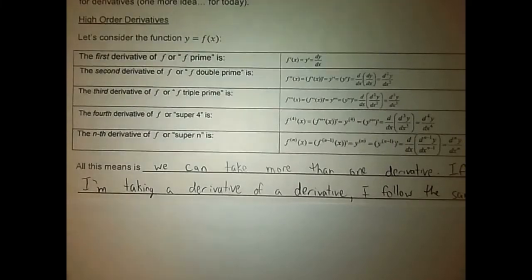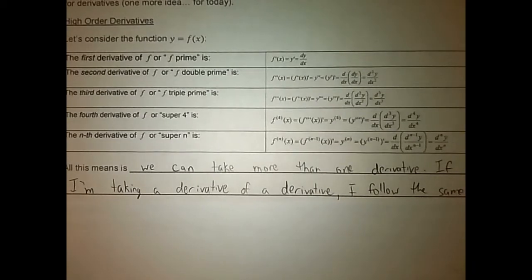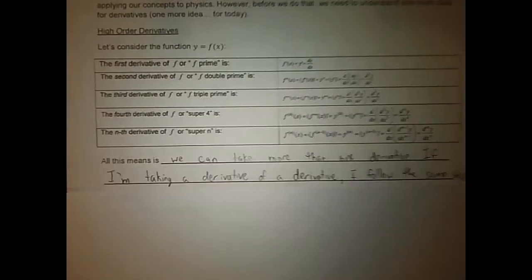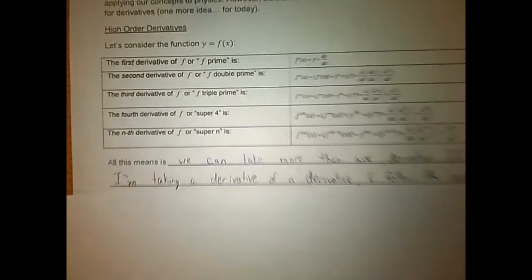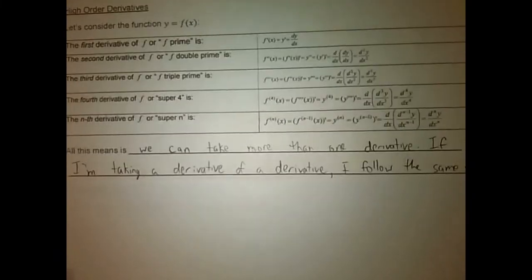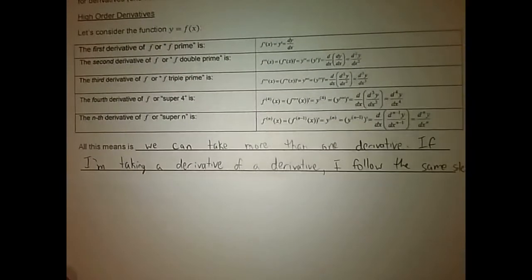So any of those laws or rules that we learned, and any of the stuff we learned in 2.2 as well. I just follow the same rules and the same steps if I'm taking the derivative more than once.